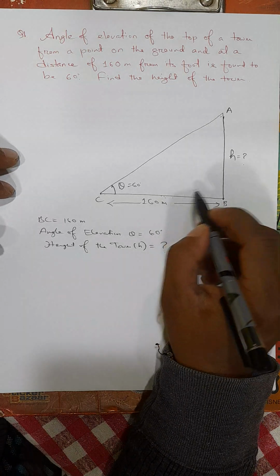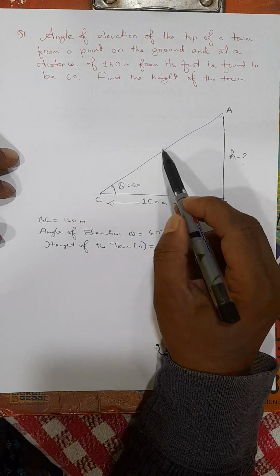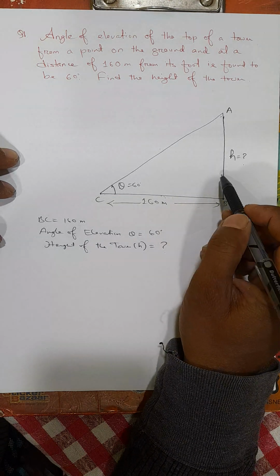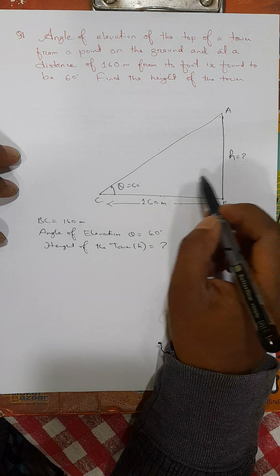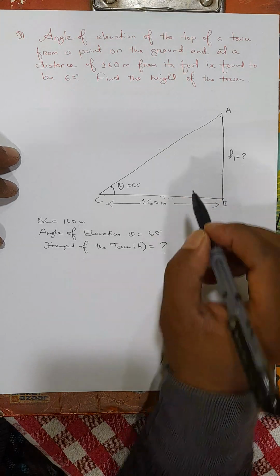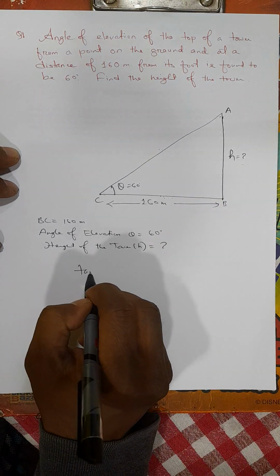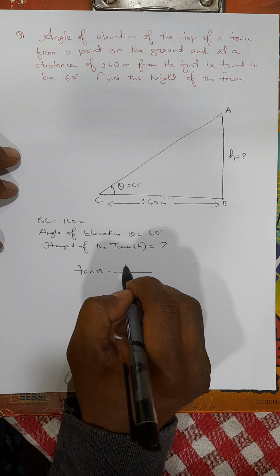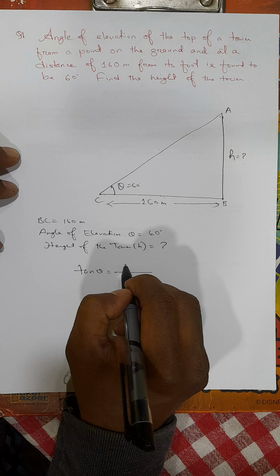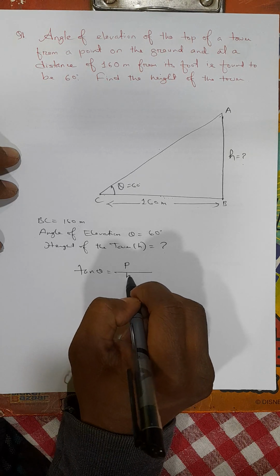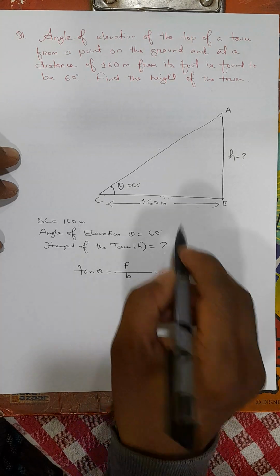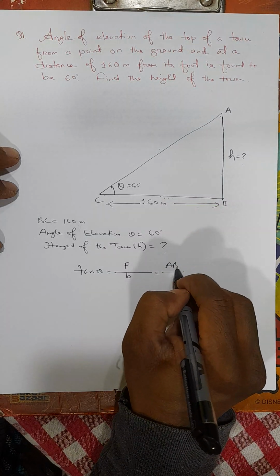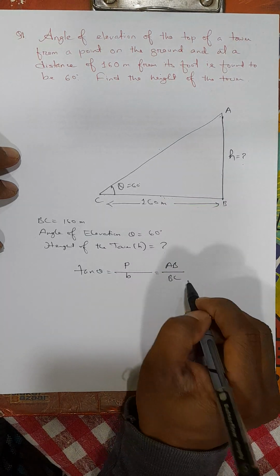So adjacent side and opposite side, this is called hypotenuse. So what is the relation between opposite side and adjacent side? Tan theta. You remember, tan theta equal to perpendicular by base, P by B, perpendicular opposite side, that means AB by BC.